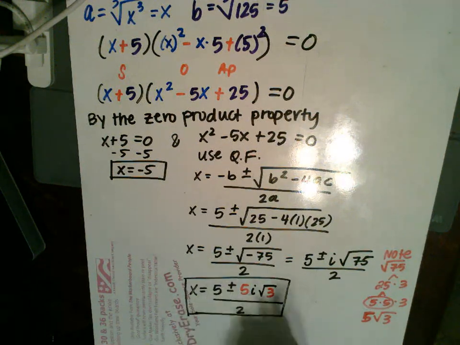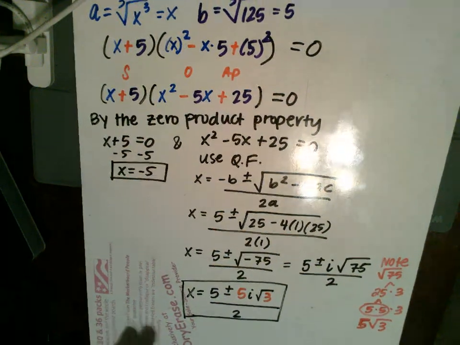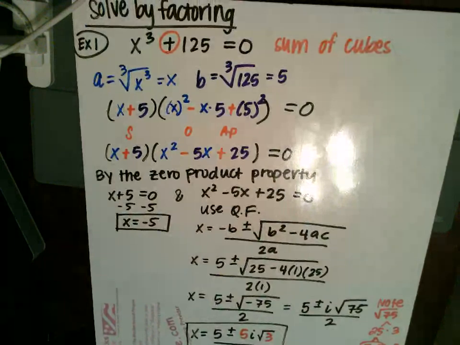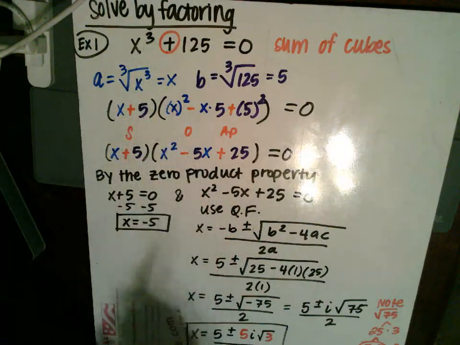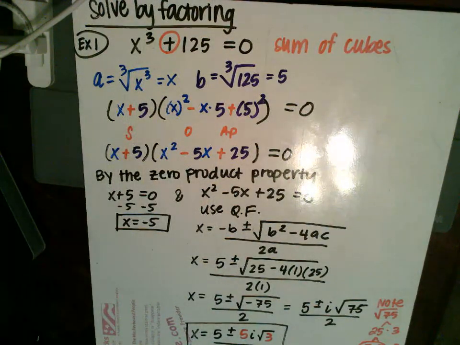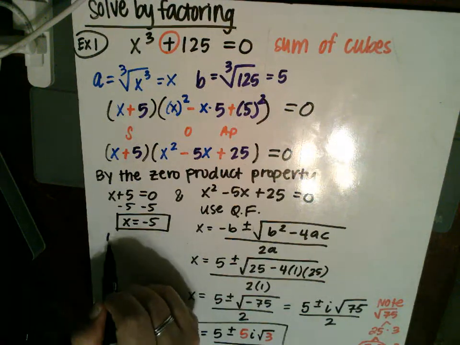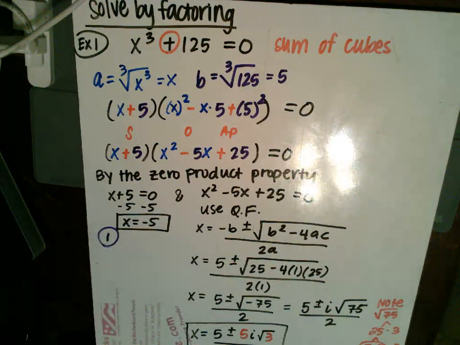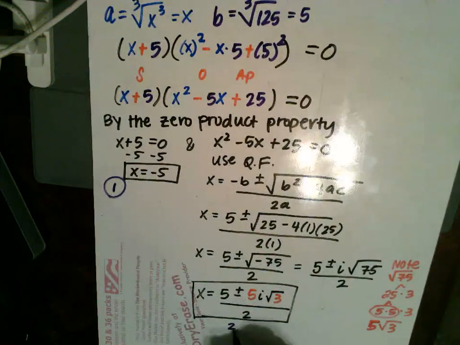And something I want you guys to notice here is this was a degree 3 polynomial, right? x to the third plus 125. And here is one x value. And since we have the plus or minus, here's 2.